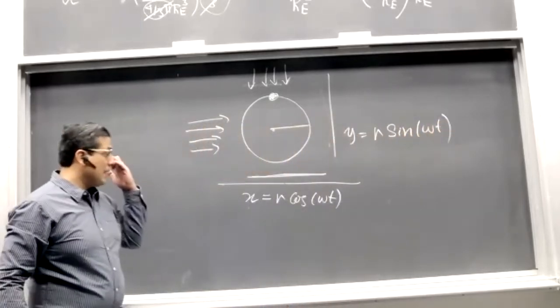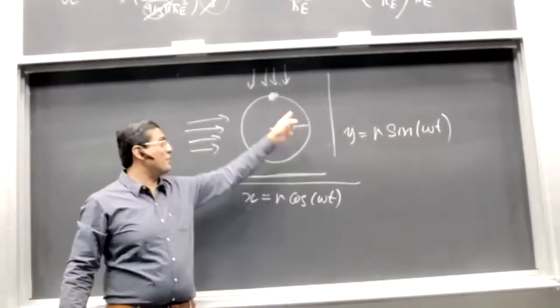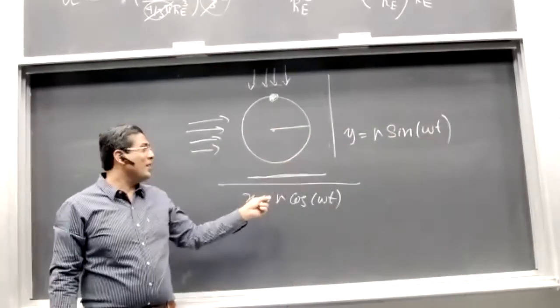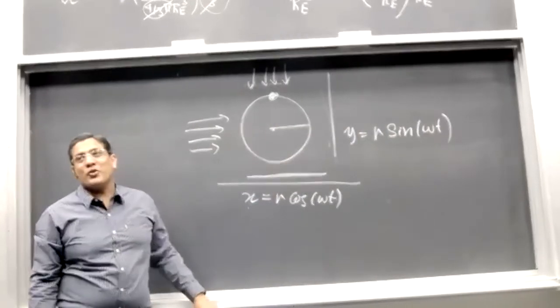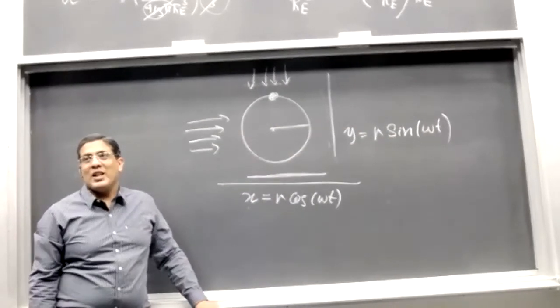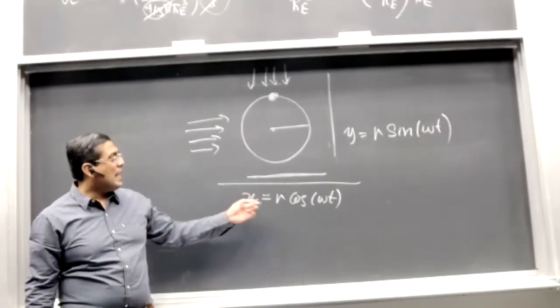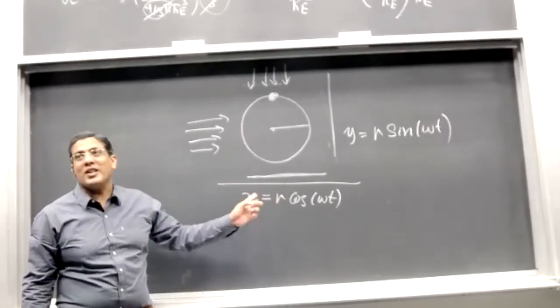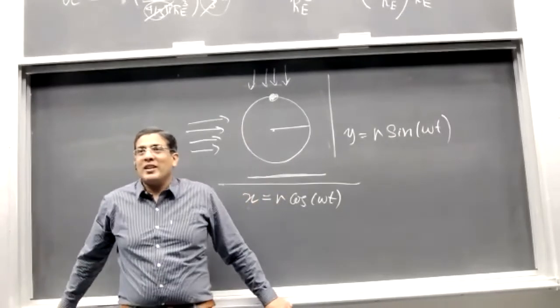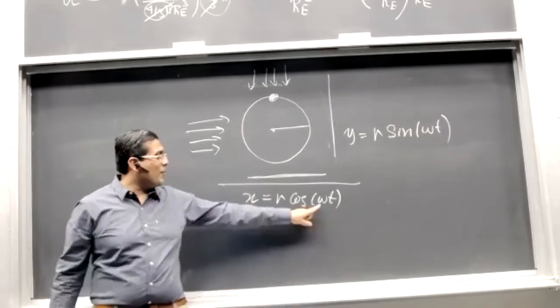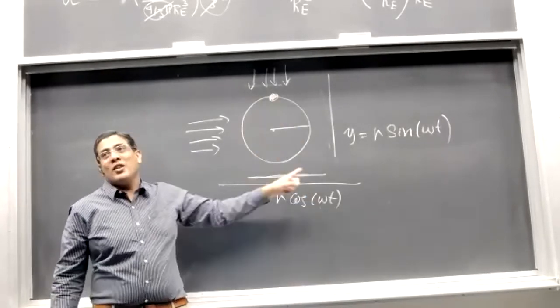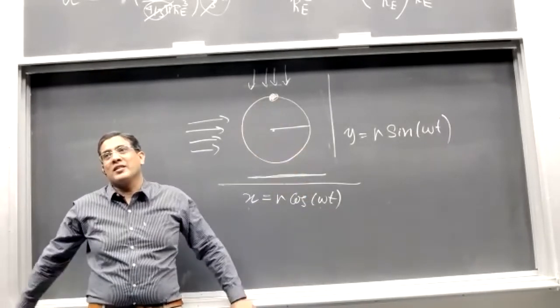These are basically the coordinates of this particle. If you square them, you get the condition for the motion on the circle. So the circular motion and the oscillatory motion are intimately connected. This omega and this omega would be exactly the same.